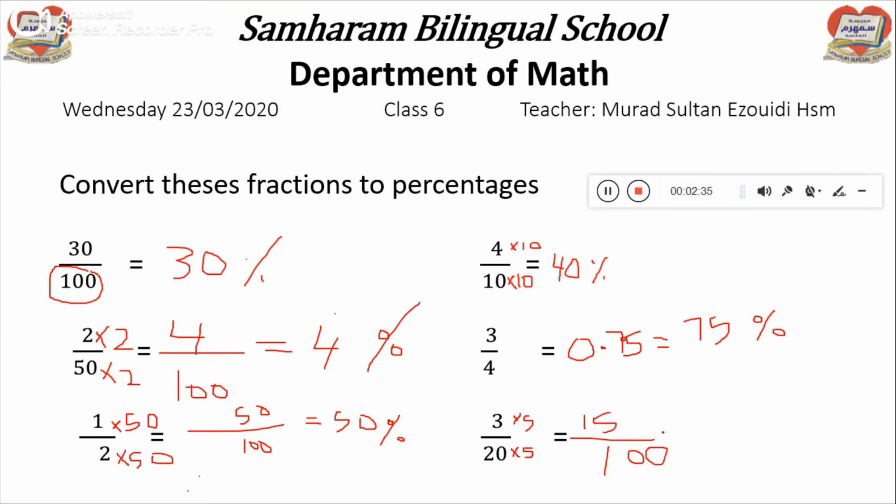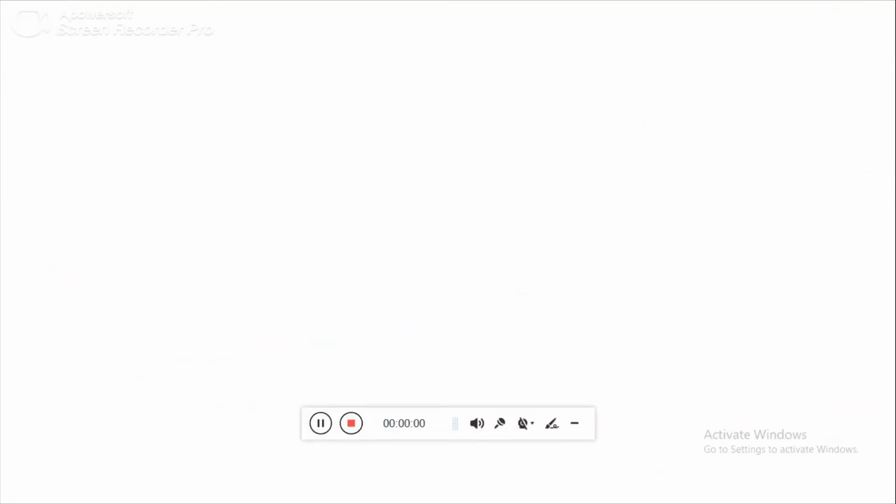So 15 divided by 100 is 0.15, which equals 15%. Okay, my kids, so now you can convert from decimals. We continue.